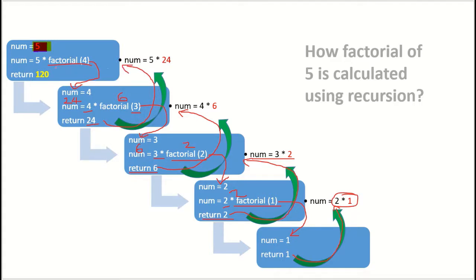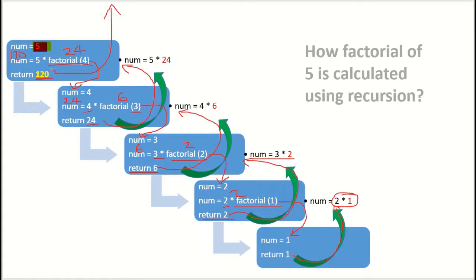Now 5 star the return value, that is 24, will be calculated. The result is 120, and the 120 is stored in num, and this value will be returned back to the main program from which it was called.